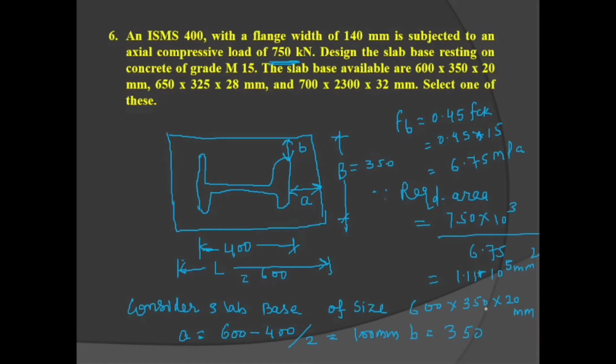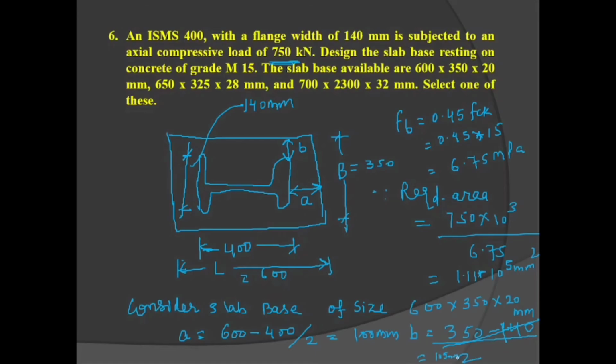So 350 minus the flange width, which is given as 140 mm in the question, whole divided by 2. So b is equal to 105 mm.